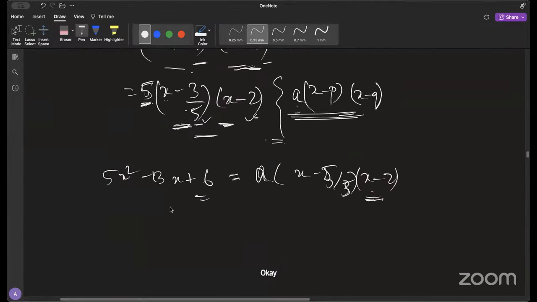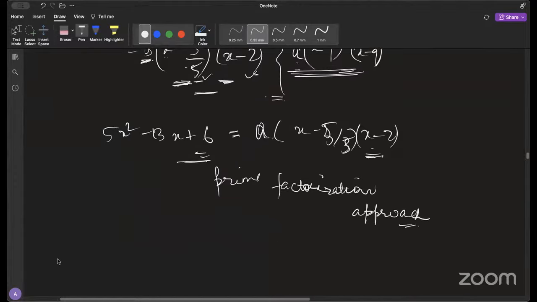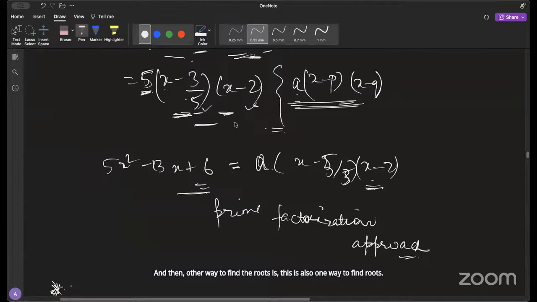Okay. Then this is also called the prime factorization approach. This is also one way to find roots.